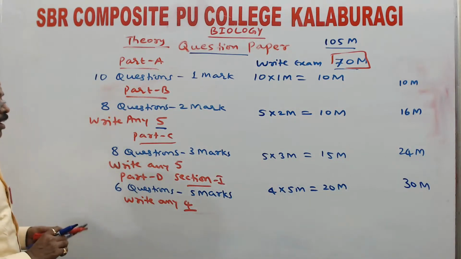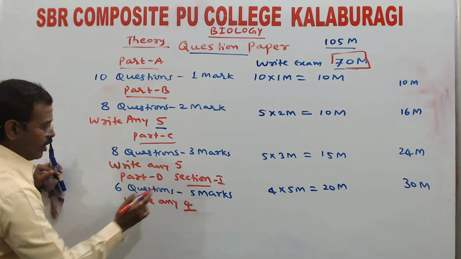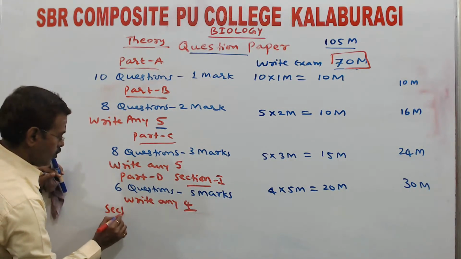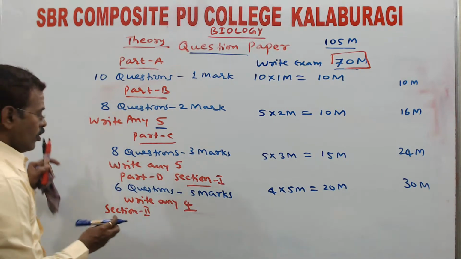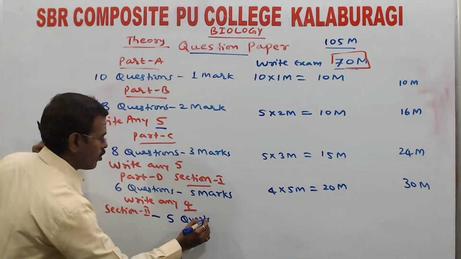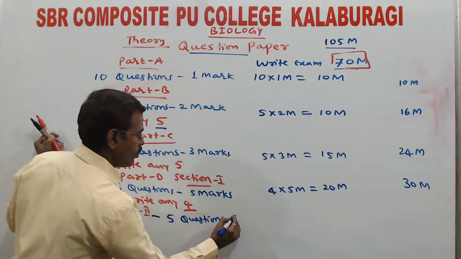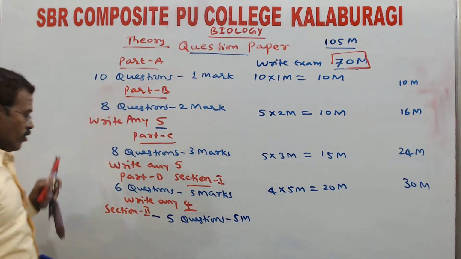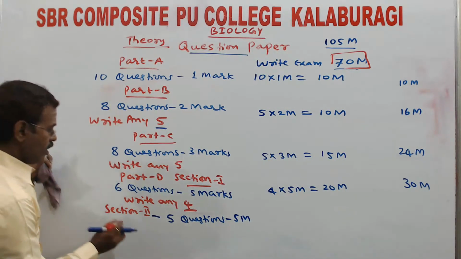Then we have section 2. In section 2, 5 questions of 5 marks will be there. How many do we have to write here?